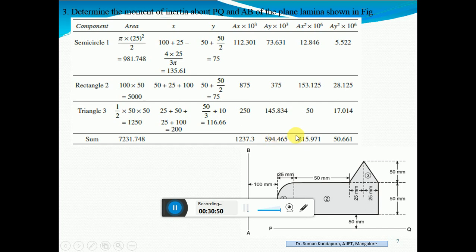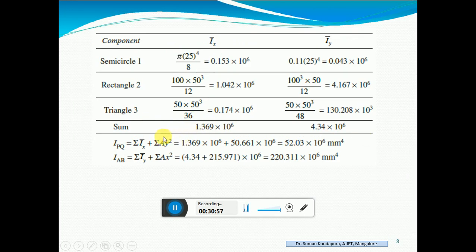From here 50.661, okay, and Ix bar is from here 1.369 into 10 raised to 6. Plus from the previous page, this one, you will get IPQ, moment of inertia about PQ, as 52.03 into 10 raised to 6.